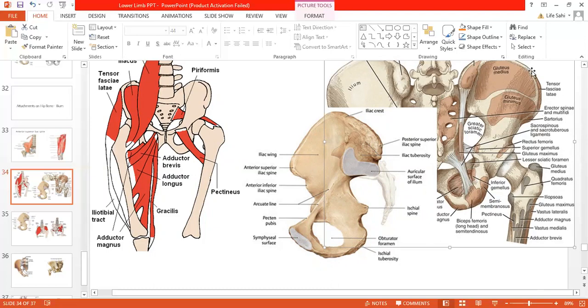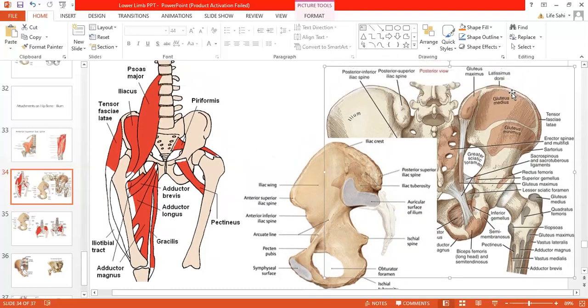Next to it is the insertion of the external oblique muscle on the outer lip of the iliac crest. Ventral 2/3 of the iliac crest, its outer lip. External oblique muscle is one of the muscles of the anterior abdominal wall.